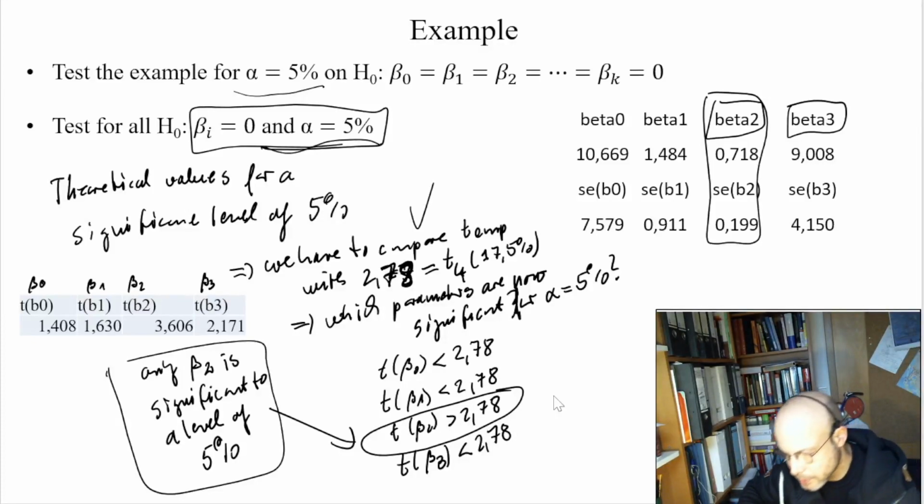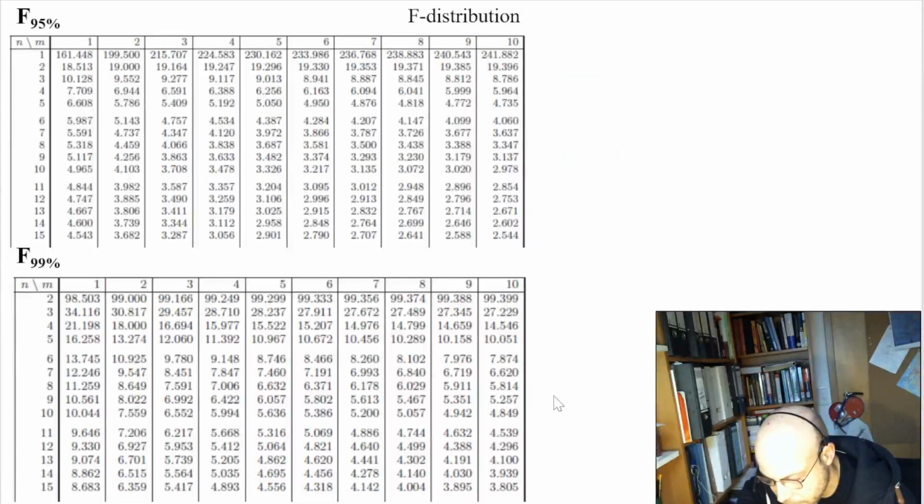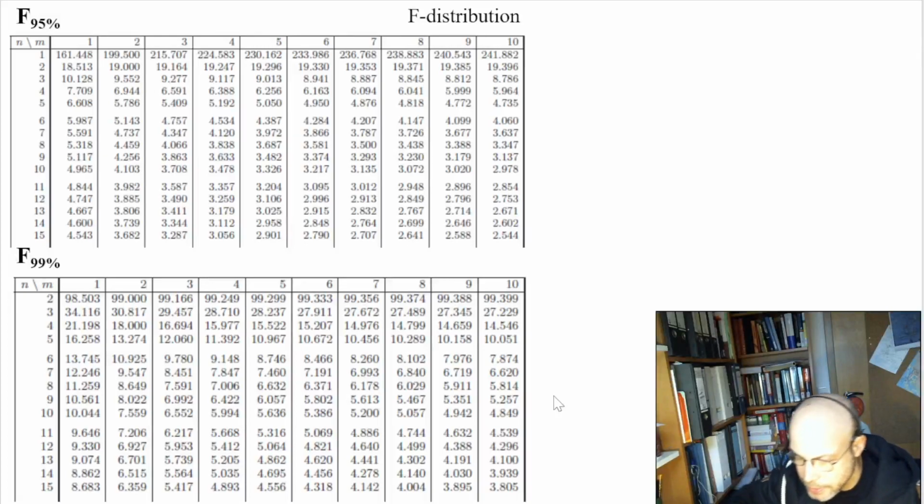Okay, and then also we need the F distribution, and here we have the table for 95%. So we should also test our model on a level of 95%. I gave you on the other slide the table for 90%.